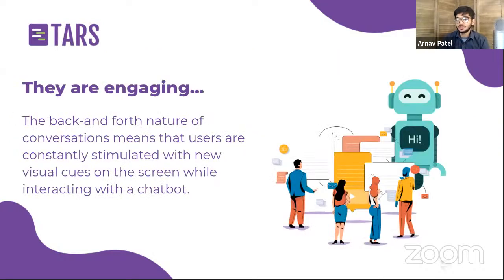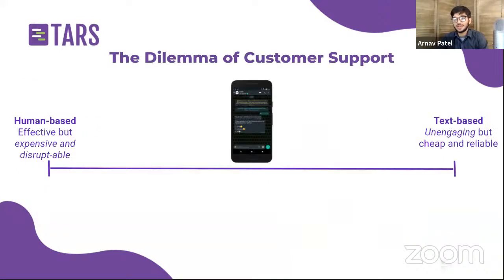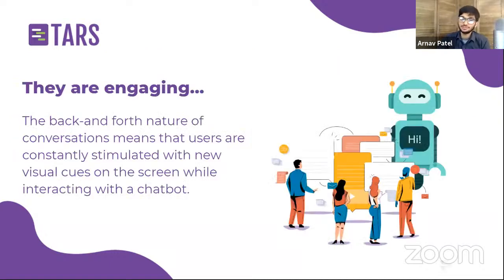They're engaging. So like I said, if you remember a few slides before, a WhatsApp chatbot is an automated customer service rep that can answer questions and proactively provide information to your customers. Now, the beauty of having this automated customer service rep that's accessible through WhatsApp, like you can see in this tiny little screenshot over here, is that they're engaging.